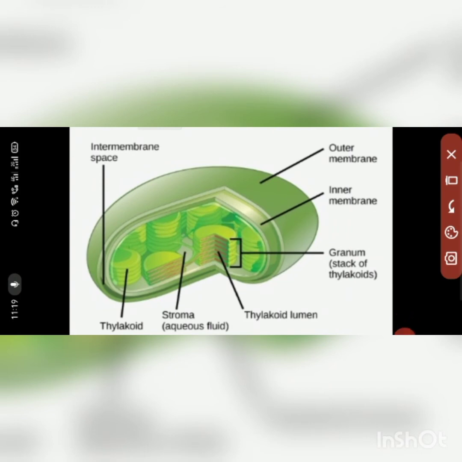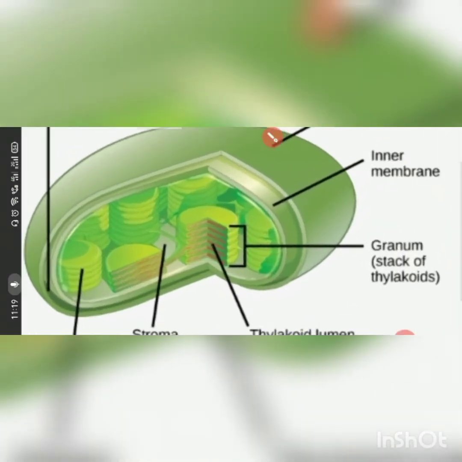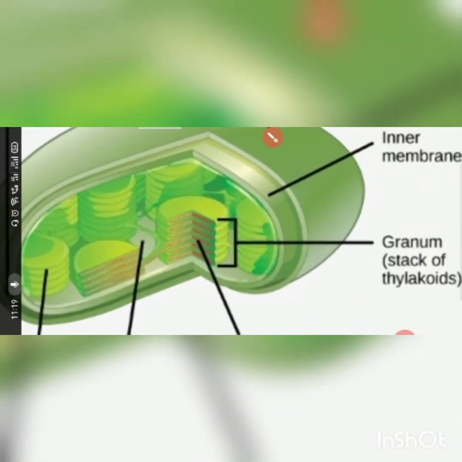Here you can see an outer membrane and an inner membrane. Now you can see many sacs that are placed one above the other.